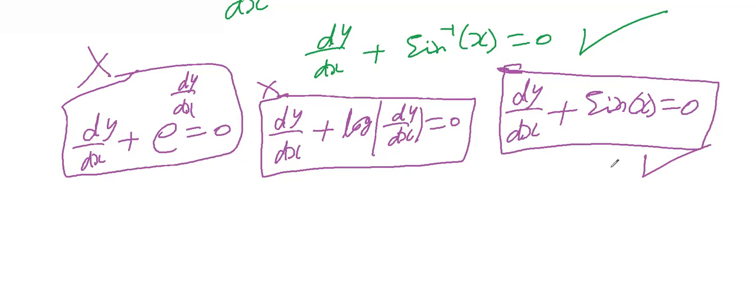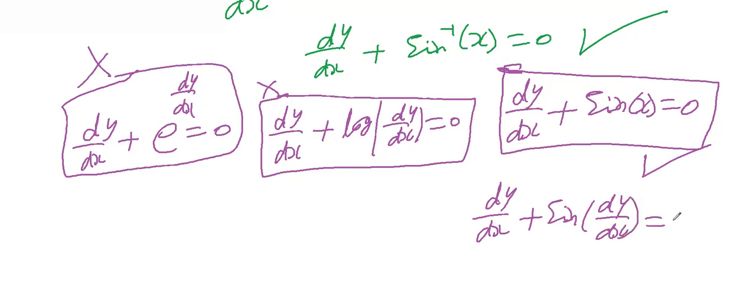This is a polynomial in derivative. Why? Because under sine I have only x. If I replace this x with the derivative dy by dx, then it is not. Understood or not? Yes sir, understood.